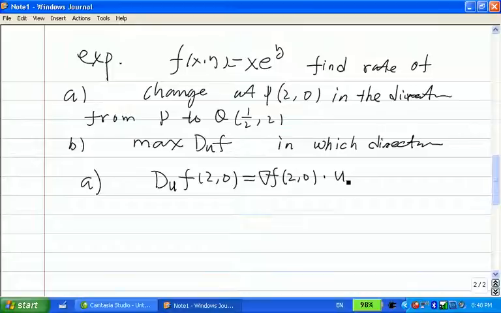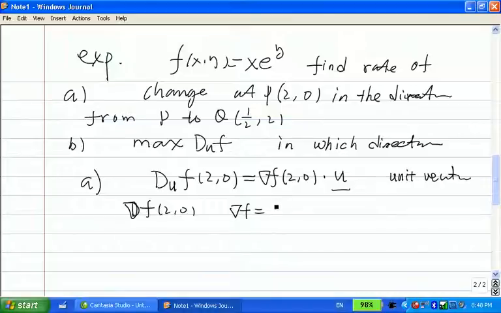Remember, u here has to be a unit vector. That's very important. So in order to find a directional derivative, we need to find two things. First of all, we need to find the gradient of f evaluated at (2, 0). To do that, we first have to find the gradient of f.